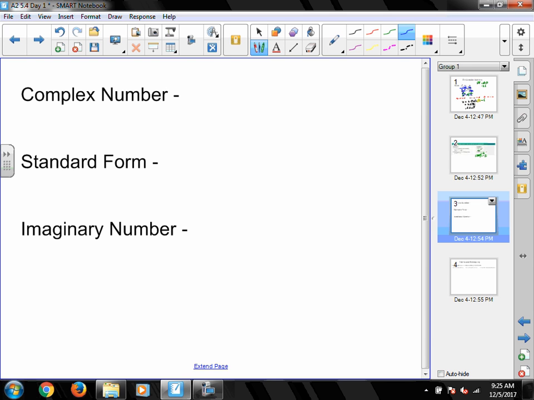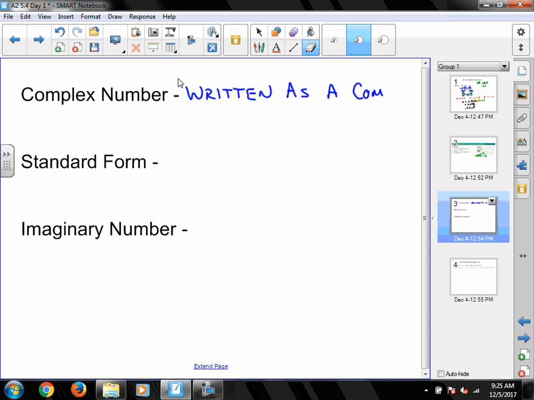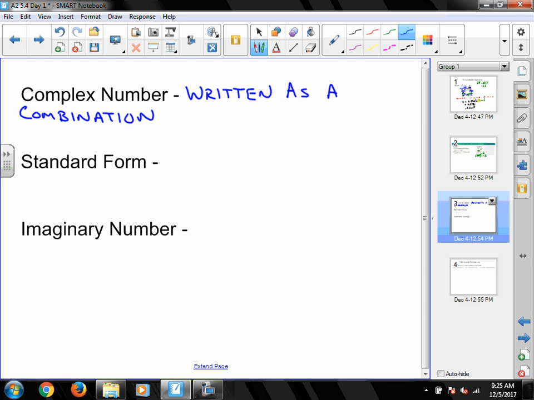So this is a number that is written as a combination of a real part and an imaginary part.